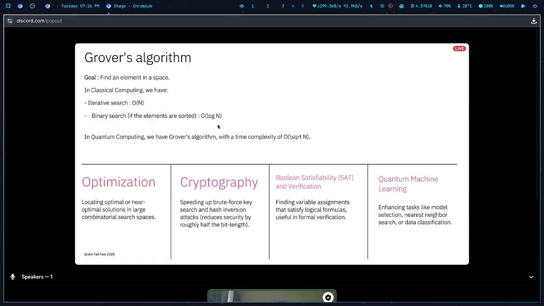Another classical algorithm is binary search, which performs in logarithmic time, but we need the array sorted. In quantum computing, Grover's algorithm can search for the element in square root of n without the array being sorted. Therefore, we have a quadratic speedup for finding an element.